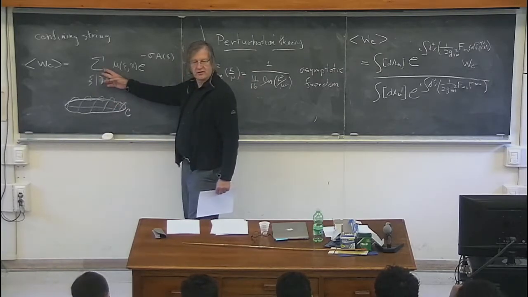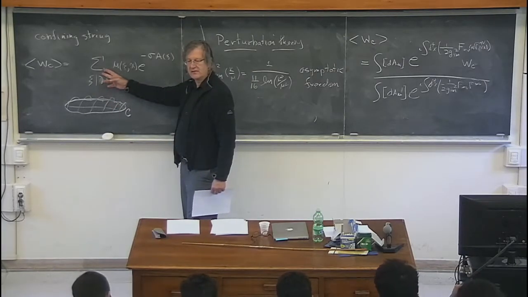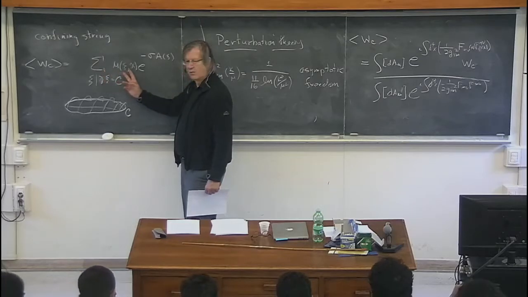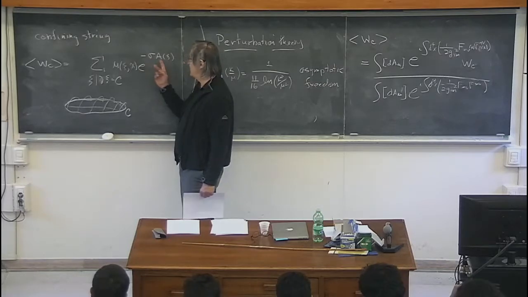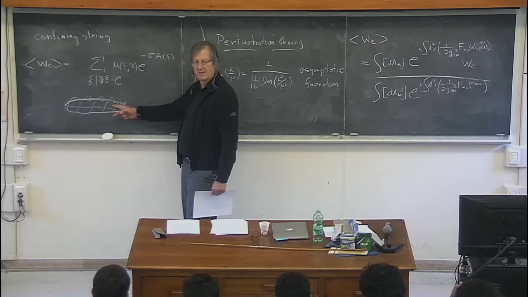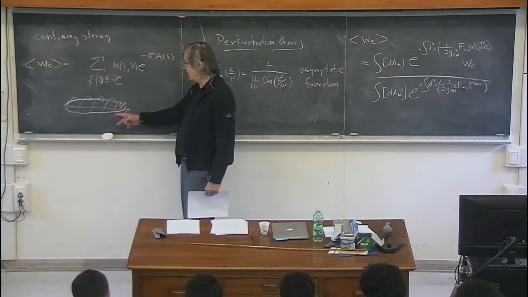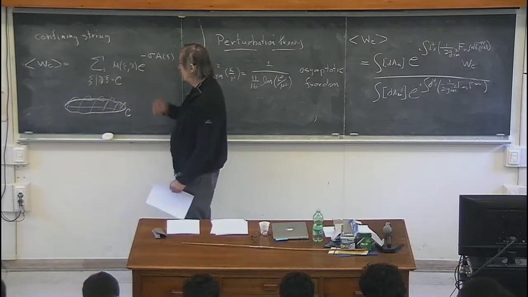Formulate a sum over all these surfaces. That's already a mathematical problem. Weight that sum somehow with some measure. And then the important thing inside this measure is e to the minus string tension times the area of these surfaces embedded in your four-dimensional space.